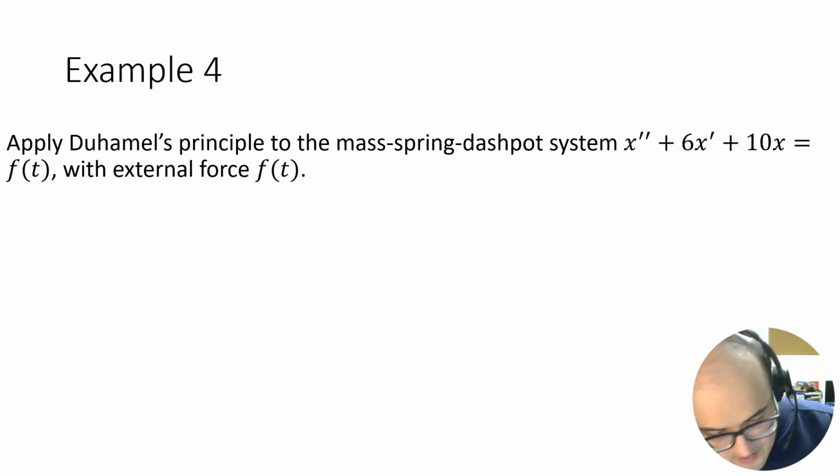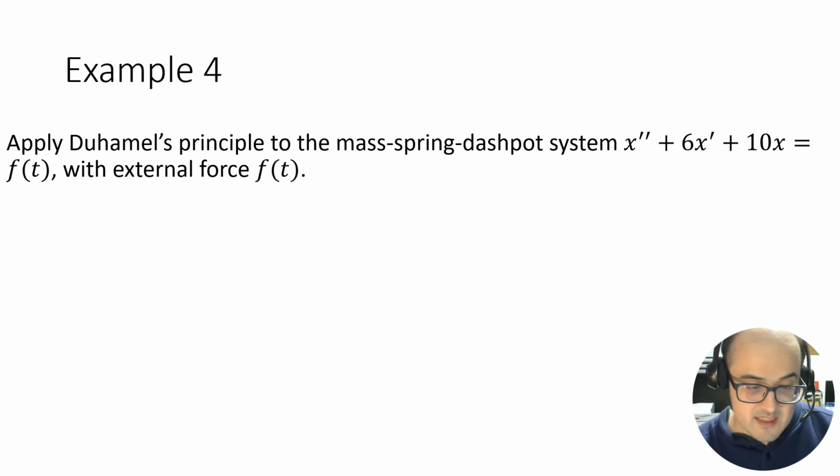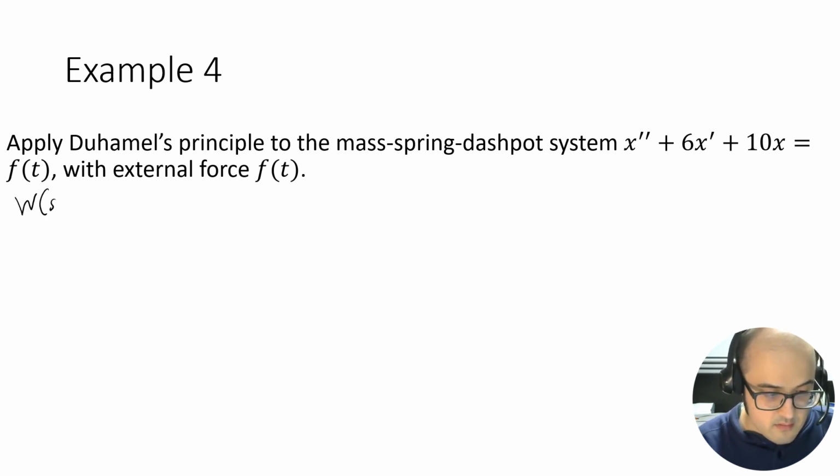Alright, so example number 4. I want to apply Duhamel's principle to the mass spring dashpot system x double prime plus 6x prime plus 10x is equal to f of t with external force f of t. So capital W of s would be 1 over s squared plus 6s plus 10.